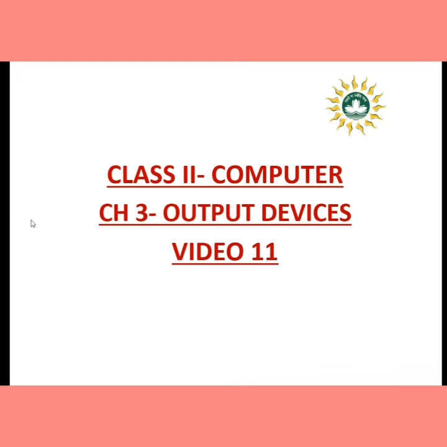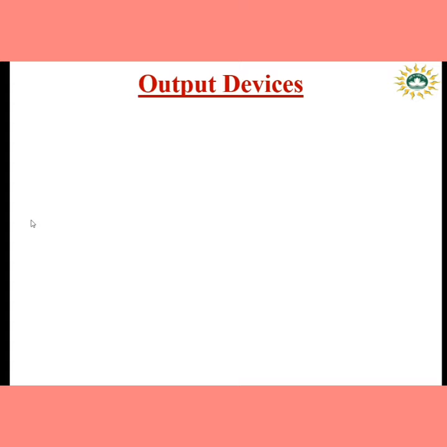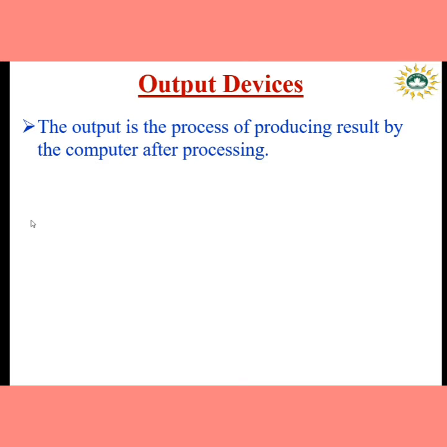So let's start. First we have to know what is output. Before knowing about different output devices, it is important to know what is output. Output is the process of producing results by the computer after processing. We all know that every time the computer takes input from us.